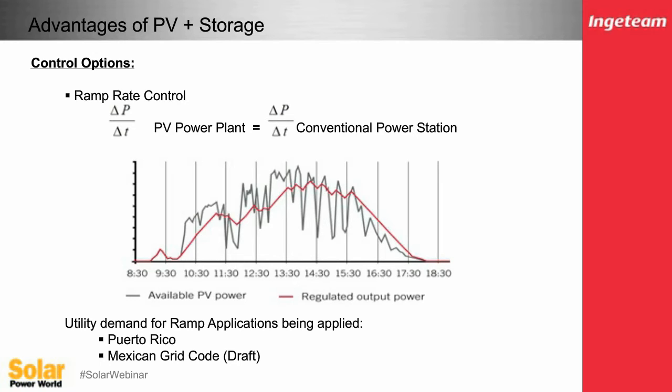Puerto Rico, and Mexico right now is doing a program that they're considering for ramp rate controls on their grid system to help with grid stability. It allows, with PV alone, a ramp rate up capability today, but in order to get any sort of ramp down functionality, a storage system is necessary when you do have loss of irradiation on a PV plant.